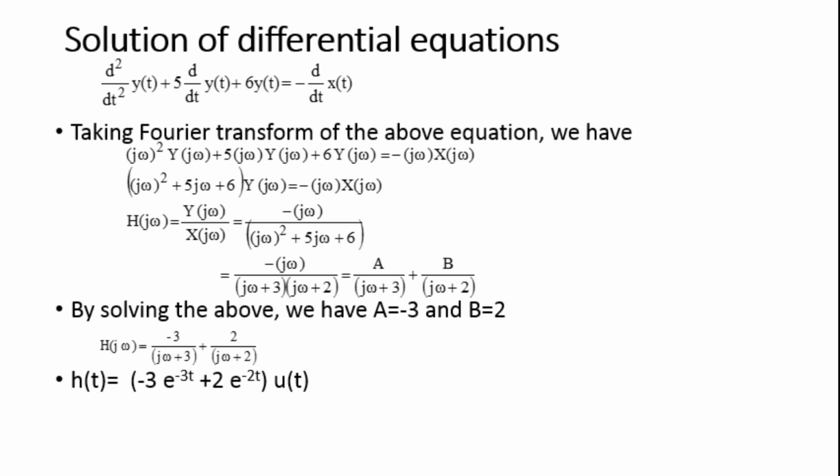Then H(j omega) is equal to minus 3 divided by (j omega plus 3) plus 2 divided by (j omega plus 2). Then h(t) is equal to (minus 3 e to the power minus 3t plus 2 e to the power minus 2t) u(t).